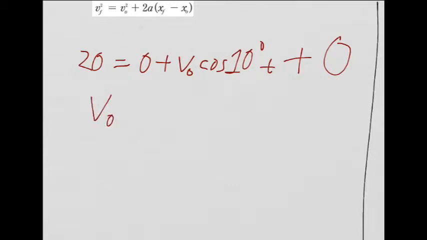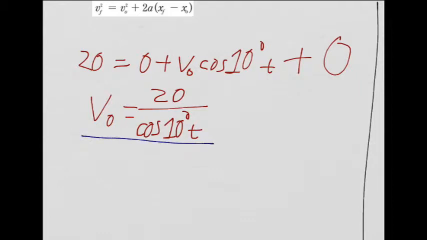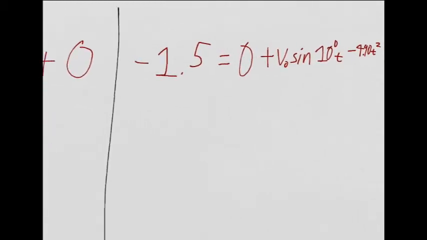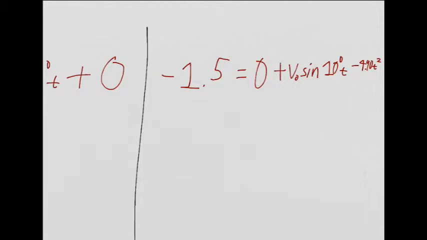If we do some algebra, V initial is 20 over cosine of 10 degrees t. Now remember that value. I'm going to insert it on the other side and see what happens.